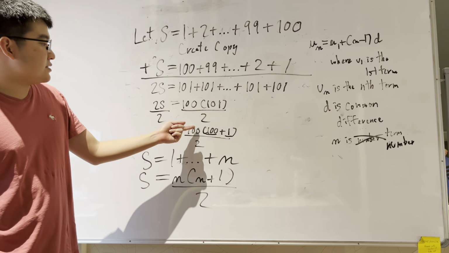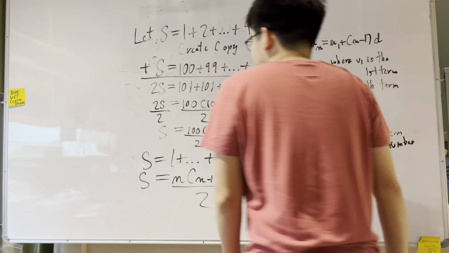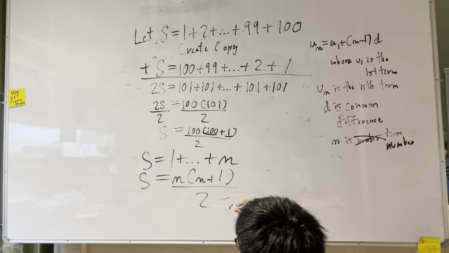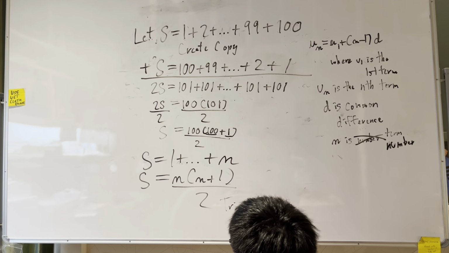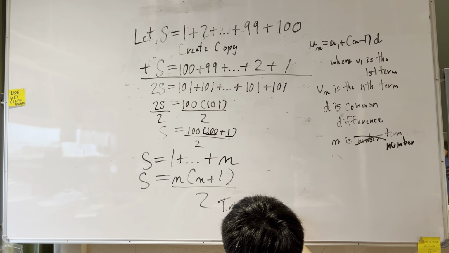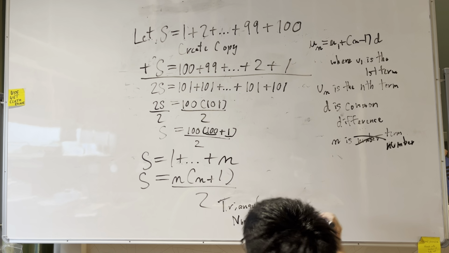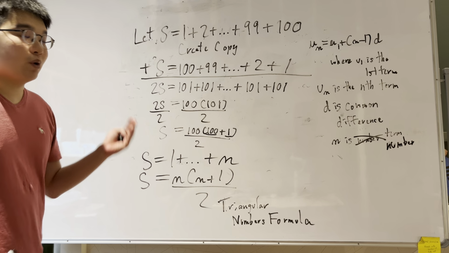It's almost the same as this 100 here, except I replaced it with n. And this has a particularly nice geometric application. This is called the triangular numbers formula, which counts the amount of dots that are in a triangular array, but more on that later.